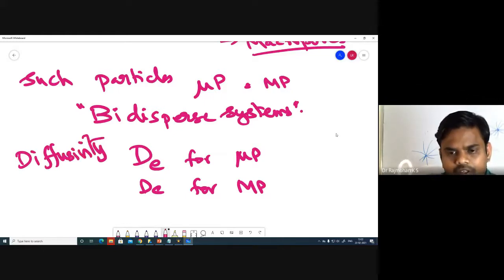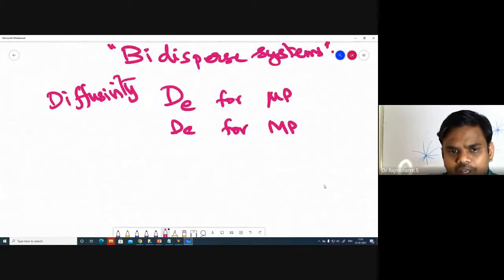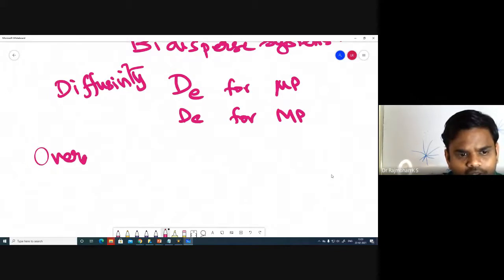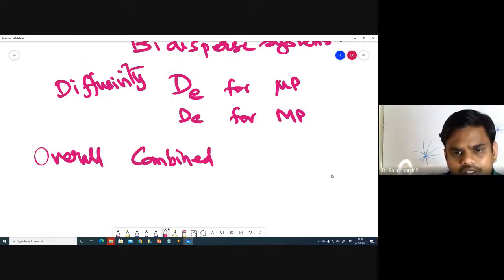So we are going to have diffusivity for micropores and diffusivity for macropores. Then we are going to have the overall combined diffusivity. This is the effective diffusivity for micropores, and the effective diffusivity for macropores.